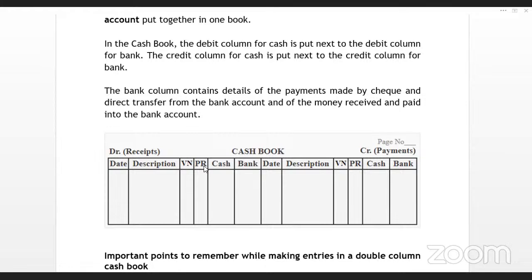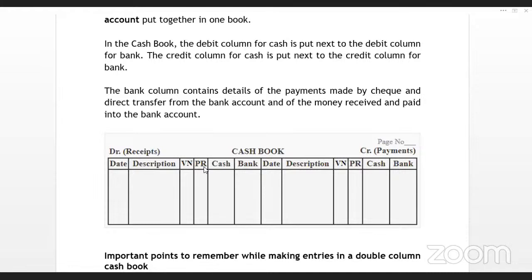Then when it comes to PR, someone talked about the folio column. PR, we can look at it as a posting reference. In the column of PR, we normally record reference numbers or codes that are used to identify a specific transaction.